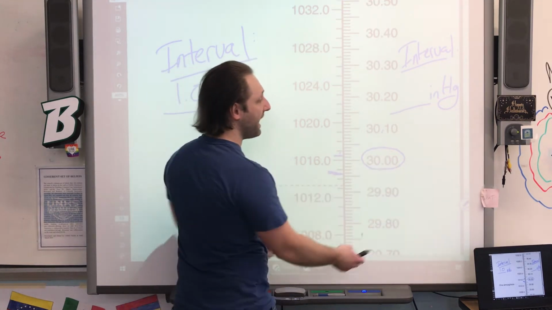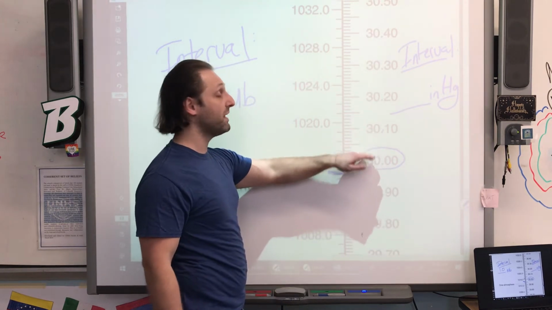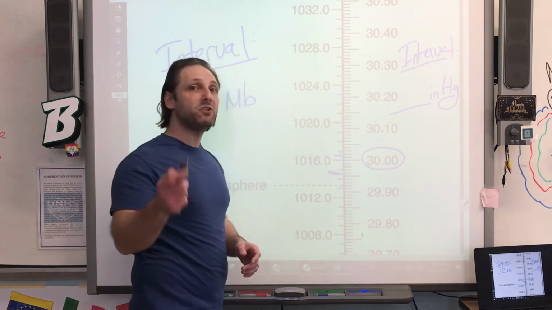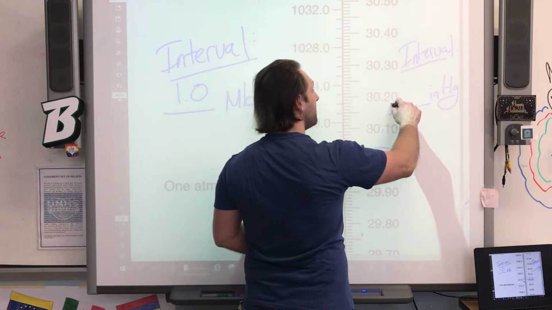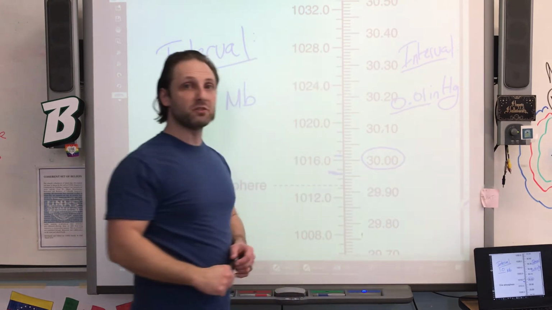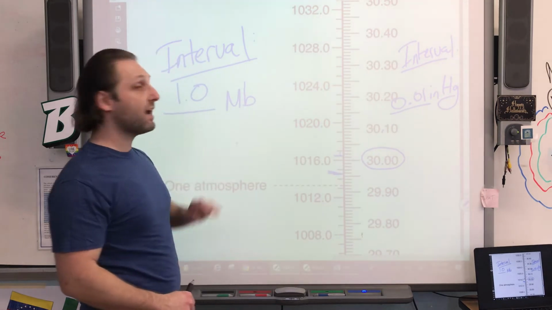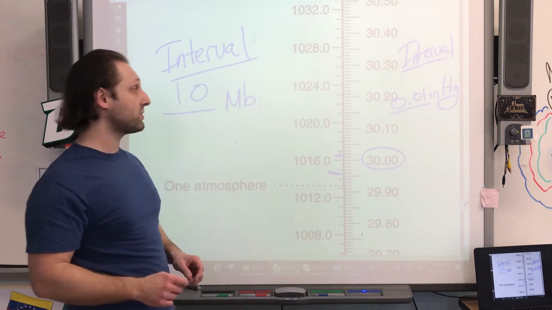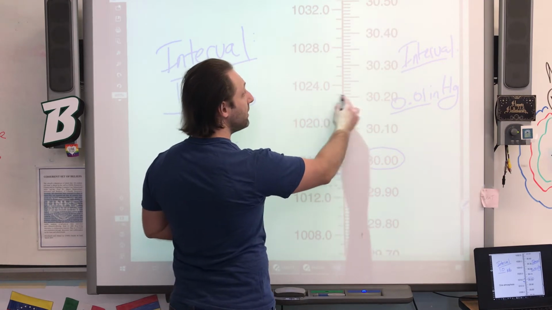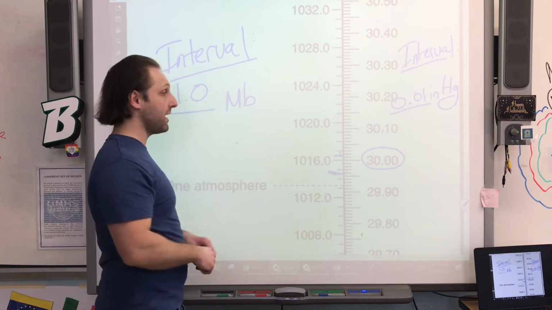Looks to me like if we have a 0.10 difference between my two values, and I have 10 gaps, then each of my gaps is going to be worth 0.01 inches of mercury. So that is the interval on the right side. Left side, 1.0 millibars. So the conversion process is simply identifying where you are on either side and estimating the amount for the other side.